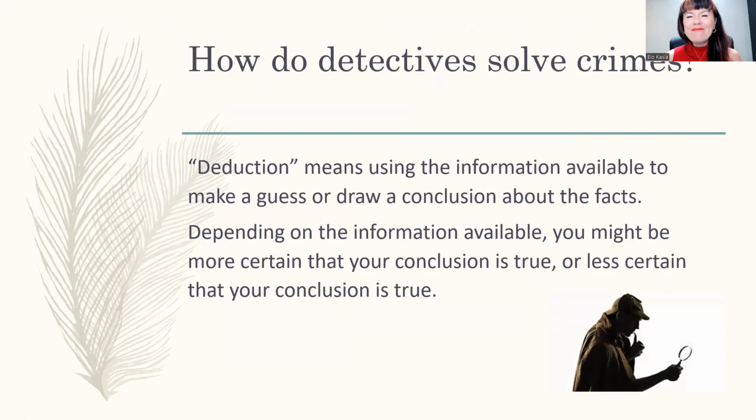Deduction means using the information available to make a guess or to draw a conclusion about the fact. So this is what detectives do. They use the information available and they make a guess or draw a conclusion based on what they know, okay?